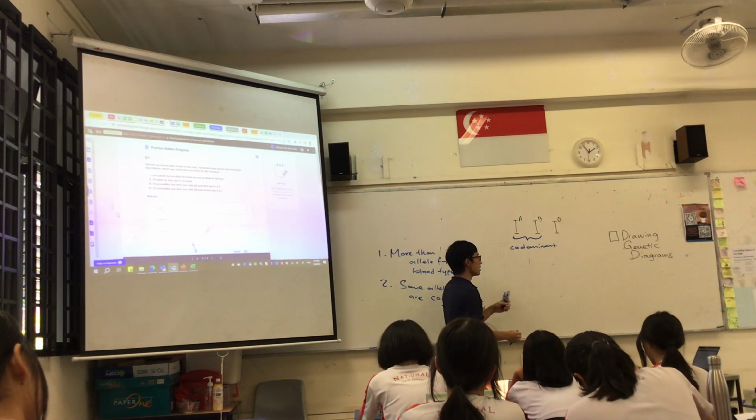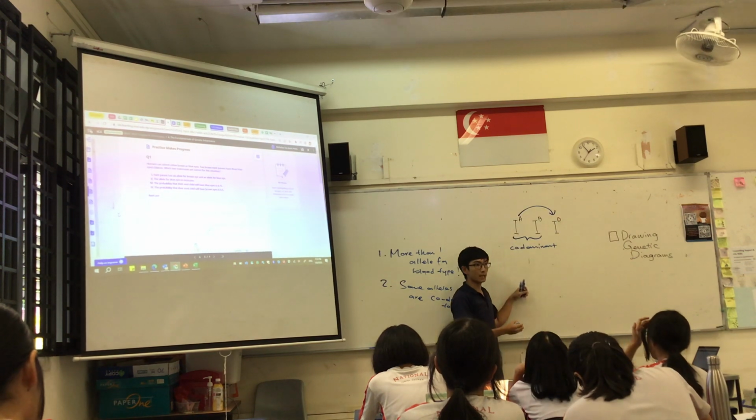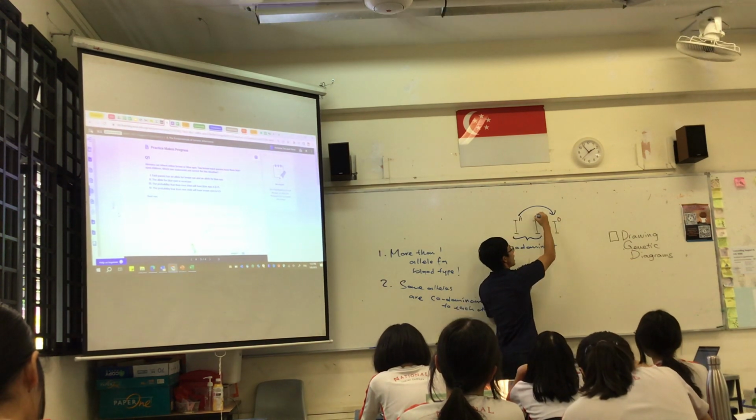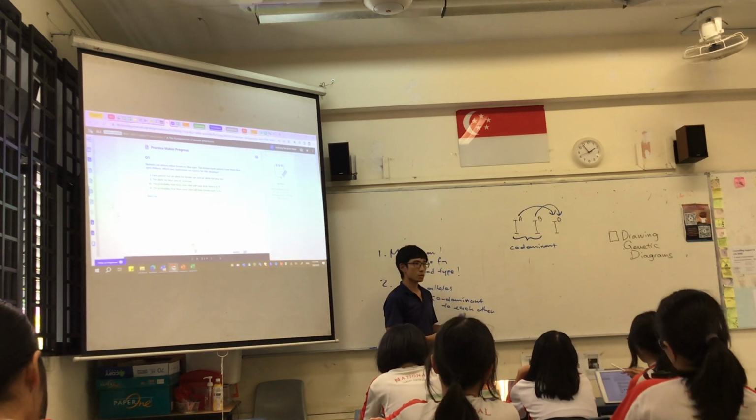The next interesting thing is, blood type A is dominant over blood type O. Blood type B is also dominant over blood type O. So what does this mean?